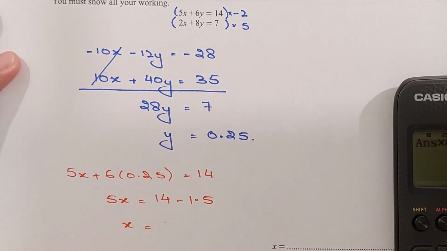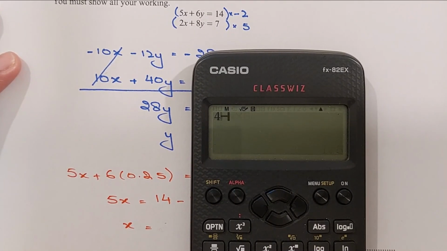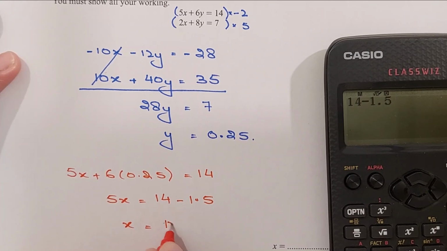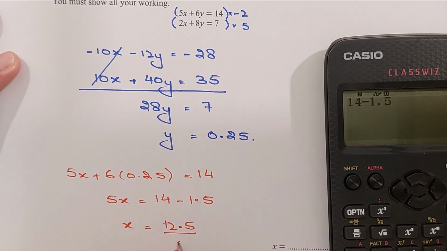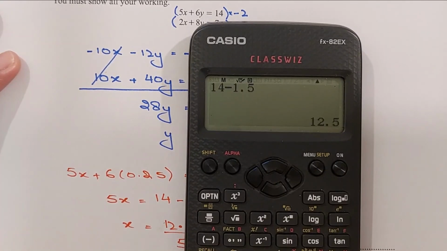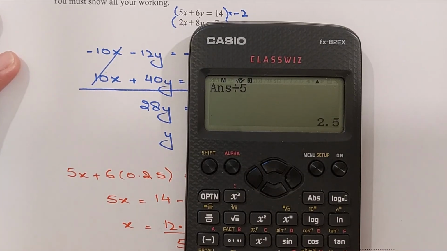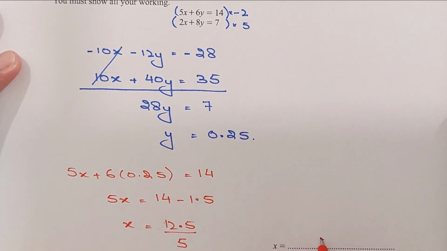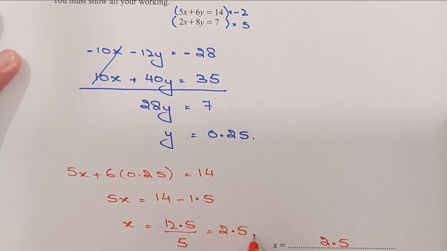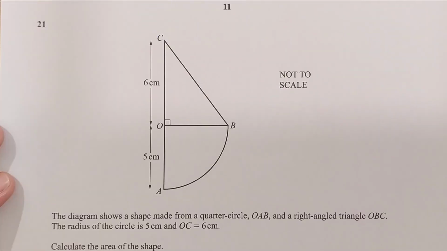So 14 minus 1.5 is 12.5. 12.5 divided by 5 is 2.5. So x is equal to 2.5 and y equals 0.25.